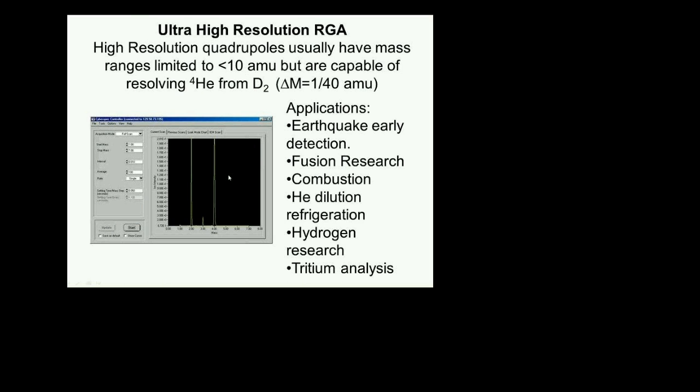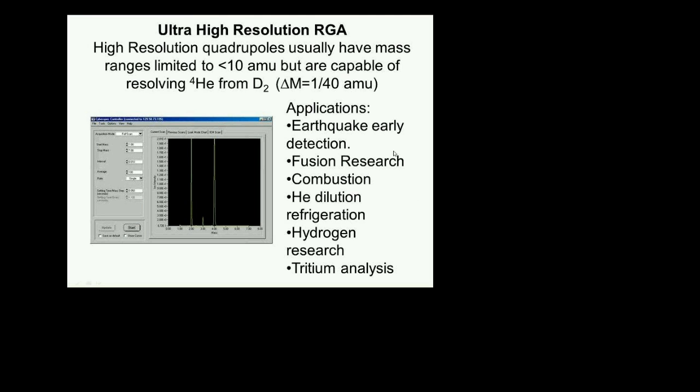So if you're doing fusion, for example, and you need to be able to tell is this helium or is this deuterium, or what is the ratio of the two? Am I doing a good experiment today? The way to do it would be with one of these devices. They're also very popular for isotopic ratio measurement for helium-3, helium-4 ratios as well. And they are completely immune to the zero blast problem that affects traditional RGAs.